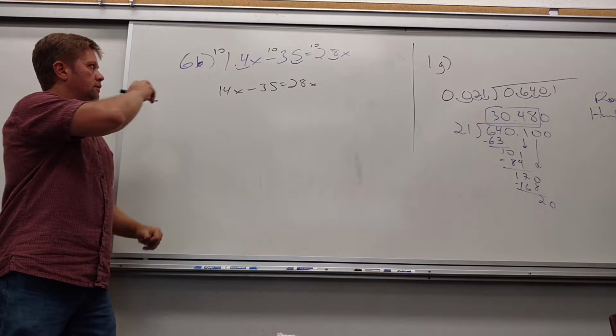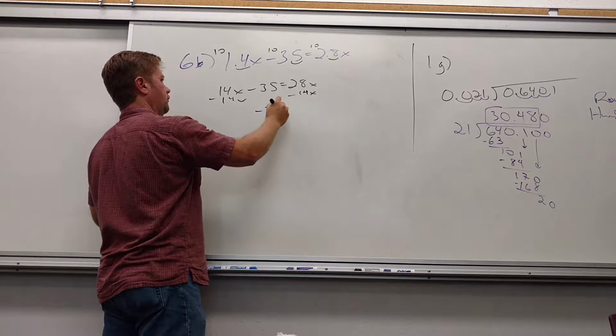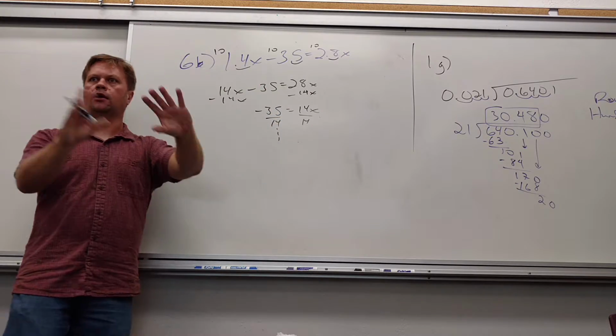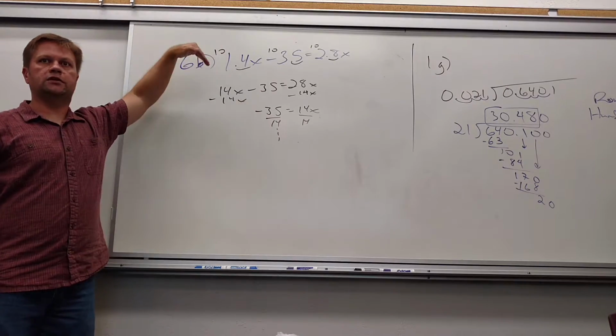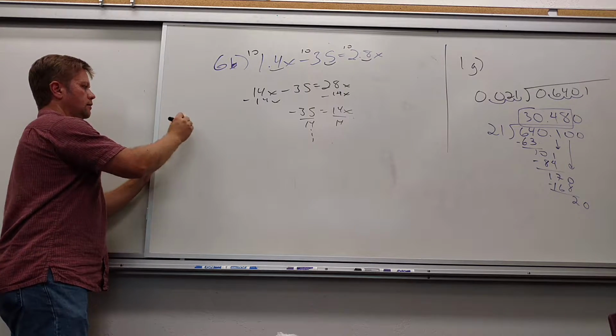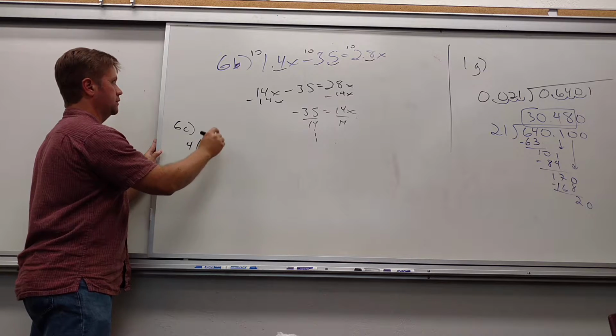So minus 14x, negative 35 equals 14x. Divide by 14, divide by 14. You can reduce that. The important thing for me was to get that first step understood. Now, if you look at 6C, how does it look different from 6B?